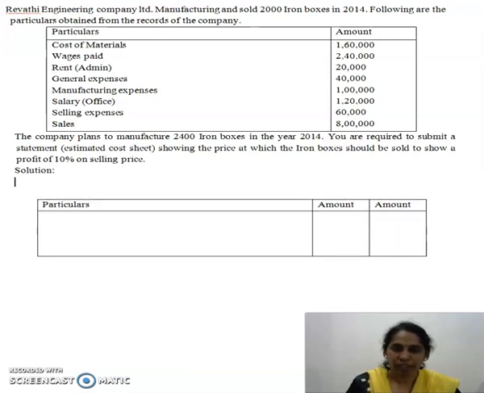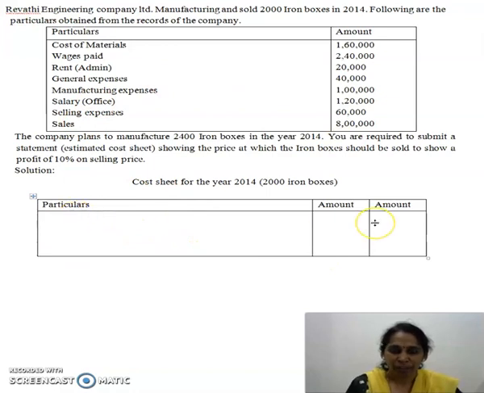First we are going to prepare the cost sheet for the year 2014. That too you are going to prepare for 2000 iron boxes. Okay, so it's a job cost sheet. Later we will continue with the job cost sheet.